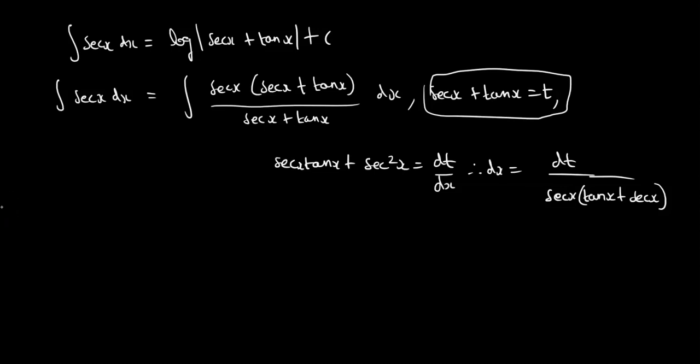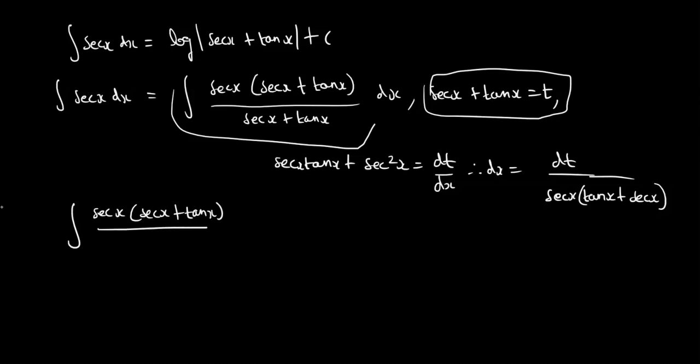Now, put this back into this formula of sec x into sec x plus tan x by sec x plus tan x. So we can compute the integral, that is sec x into sec x plus tan x divided by, we substitute this term for t, so we put t here, and instead of dx we can put dt by sec x into sec x plus tan x.